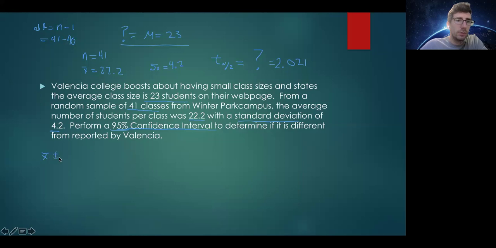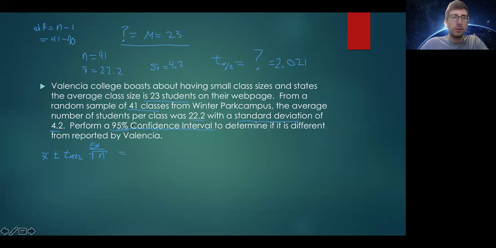Just a reminder, our formula for any confidence interval for the population mean with an unknown standard deviation is x bar plus or minus our t-value multiplied by the standard deviation of x over the square root of the sample size.